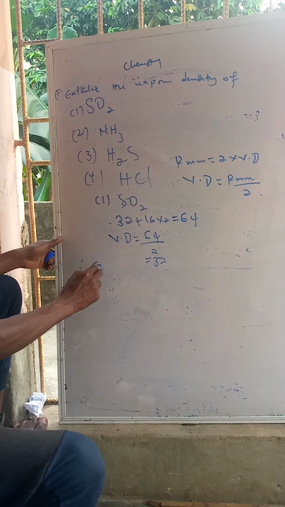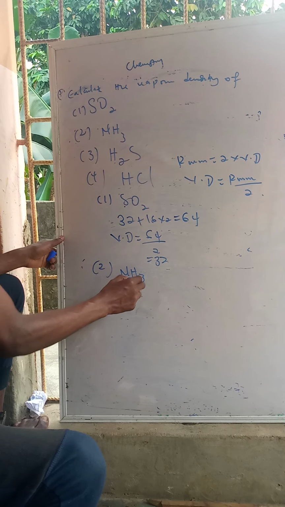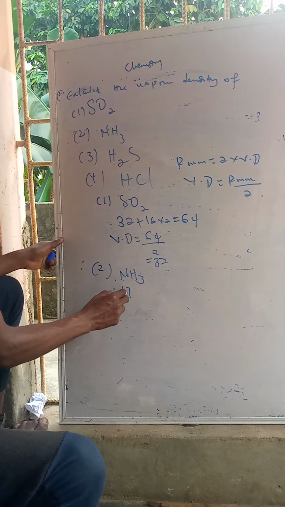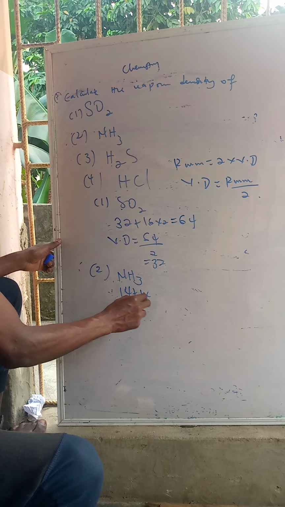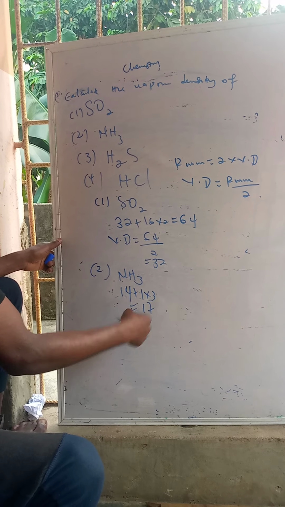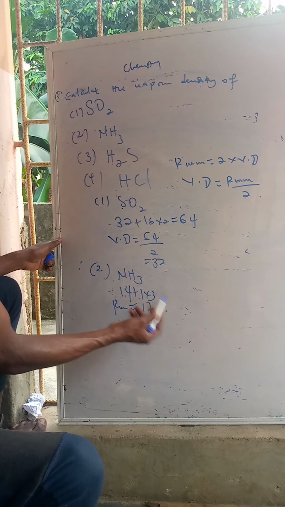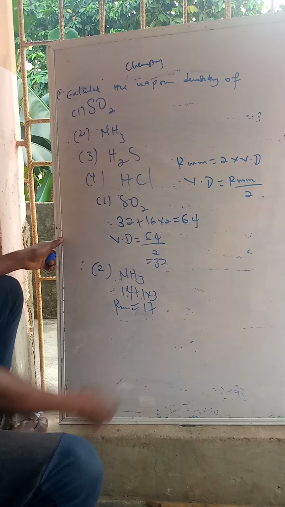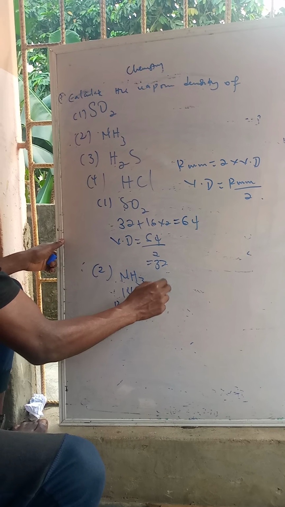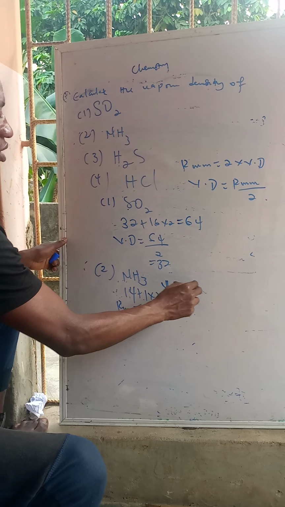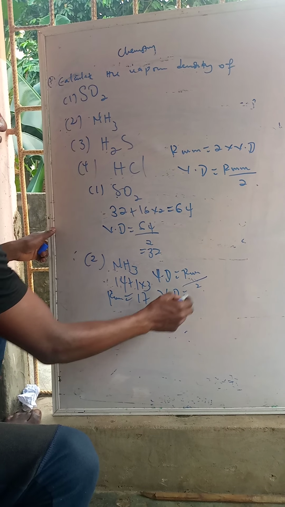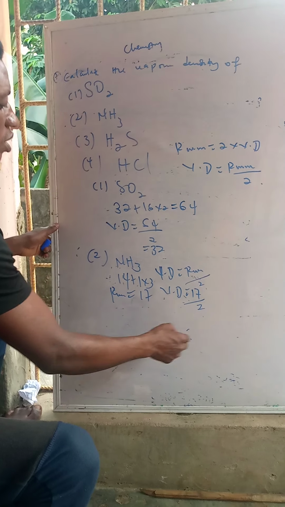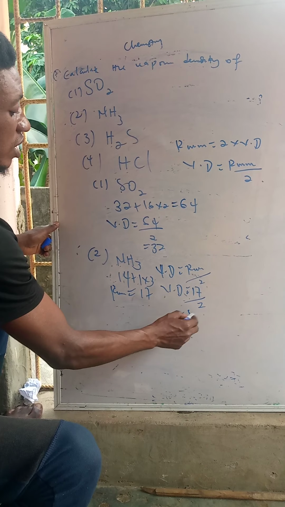That will give you 32. And of course, for the second one, NH3, this one is 14 plus 1 times 3, equal to 17. That's the RMM. RMM is equal to 17. And of course, since we know Vd will be equal to RMM divided by 2, our Vd here will be equal to 17 over 2, which should give us 8.5.